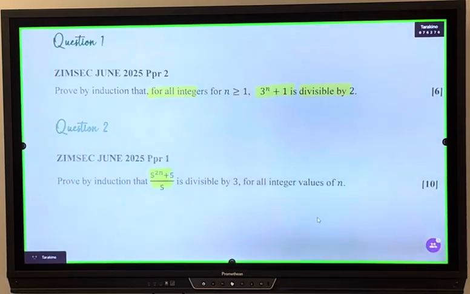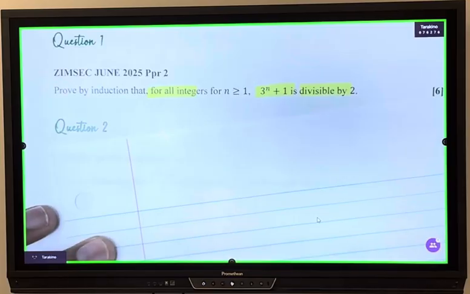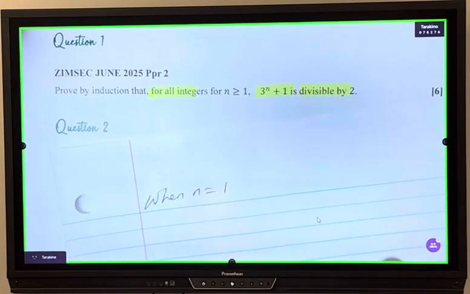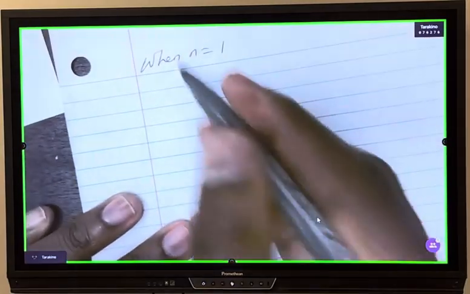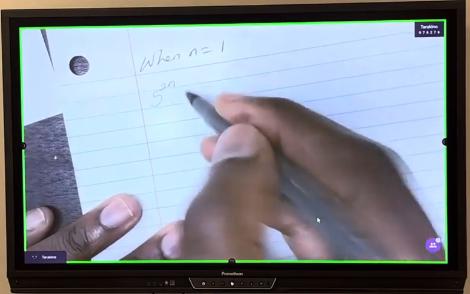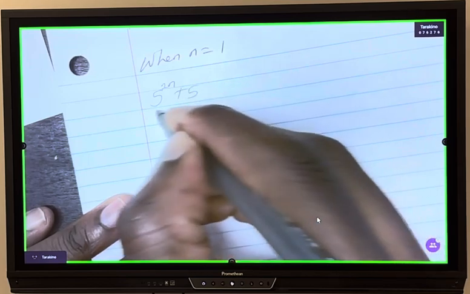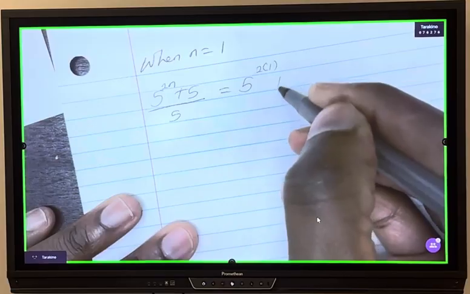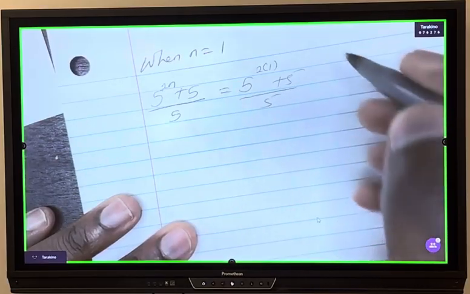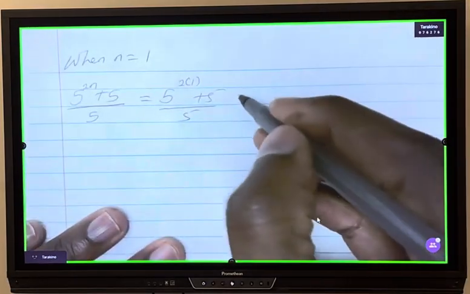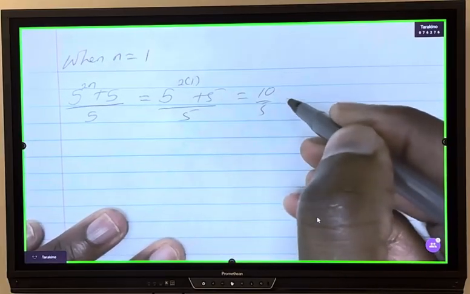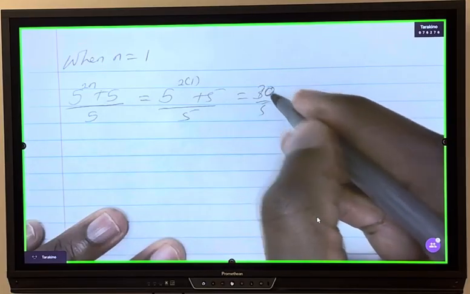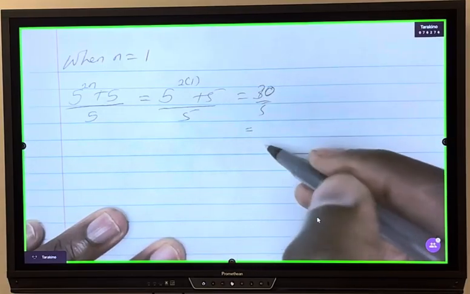So our first step is to prove when n is equal to 1. So when n equal to 1, we are going to say (5 to the 2n plus 5) over 5 is equal to (5 to the 2 times 1 plus 5) over 5. Sorry, this is 25 plus 5, which is 30 over 5, which is equal to 6.